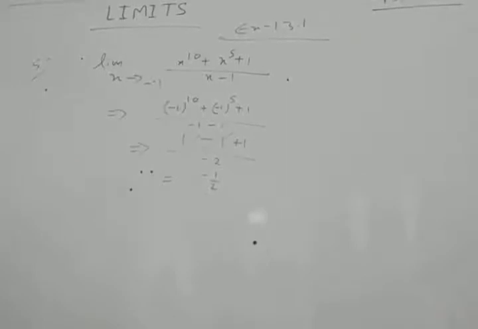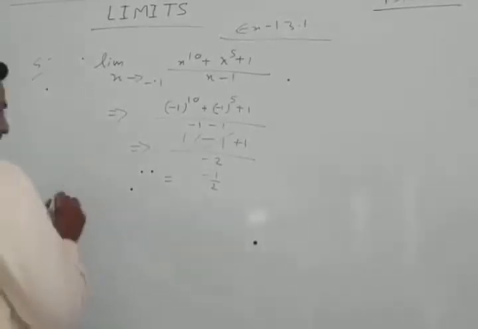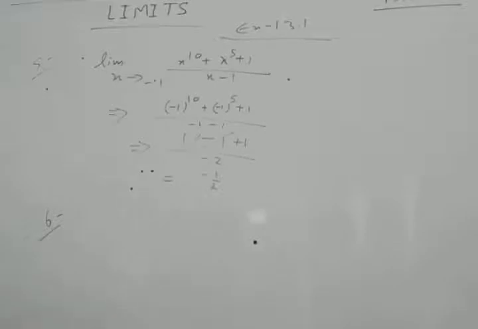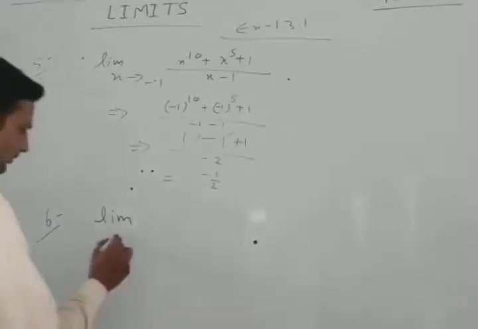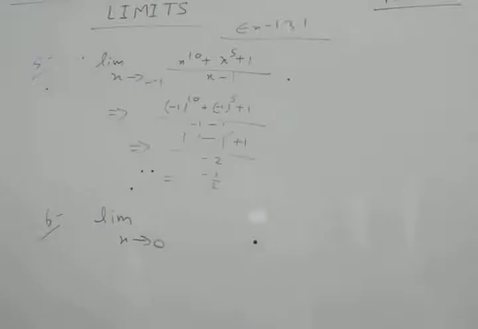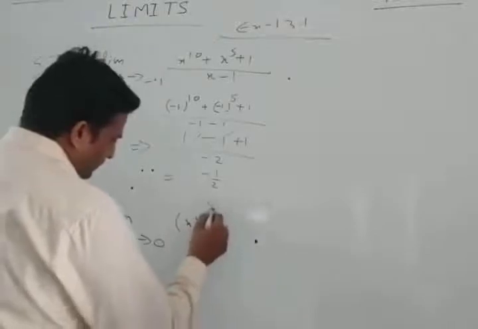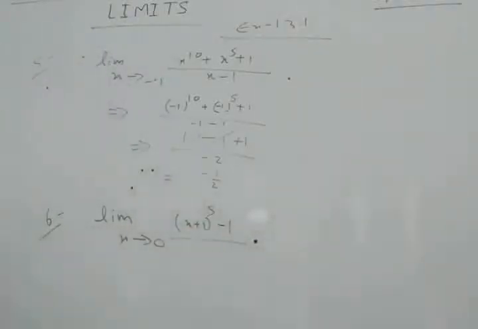Now we will see the next question. The next question is 6, which is limit x tends to 0 of (1 plus x) to the power 5 minus 1 by x.